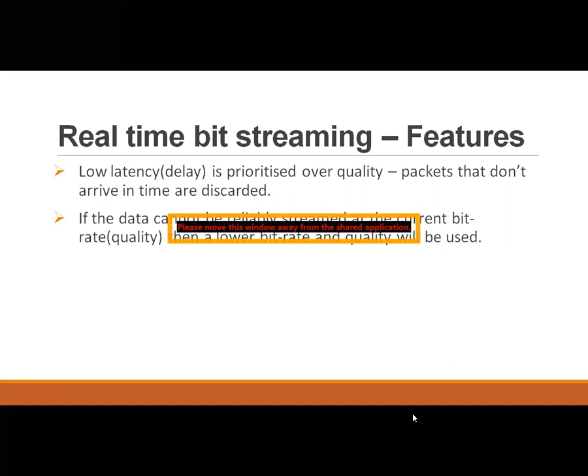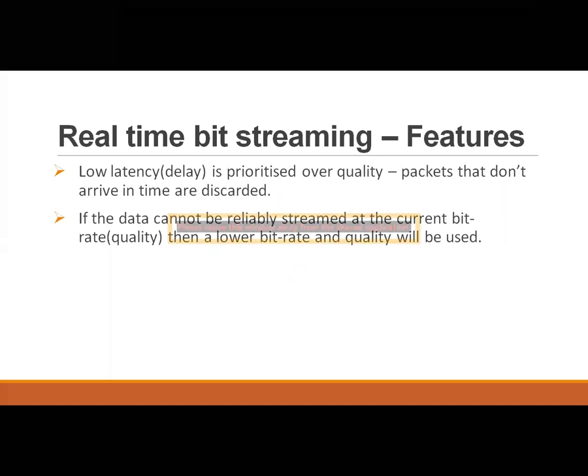If the data cannot be reliably streamed at the current bit rate, a lower bit rate and quality will be used. As the internet connection does not have enough bandwidth, the web browser automatically switches to a lower quality video so it can be easily streamed.